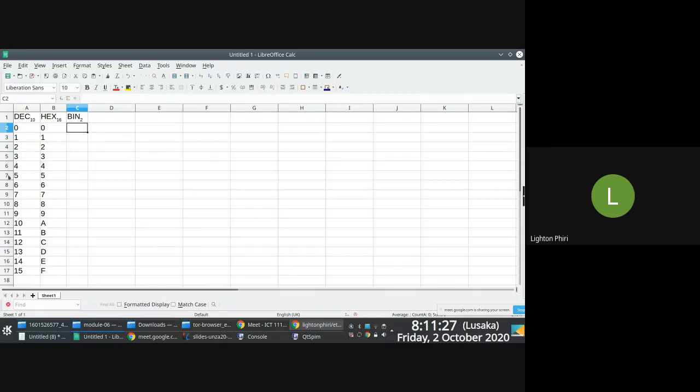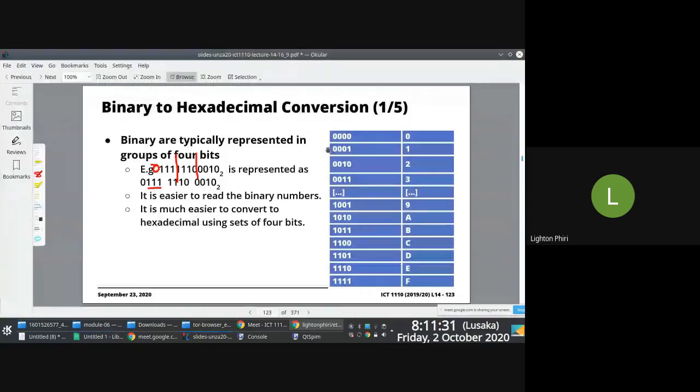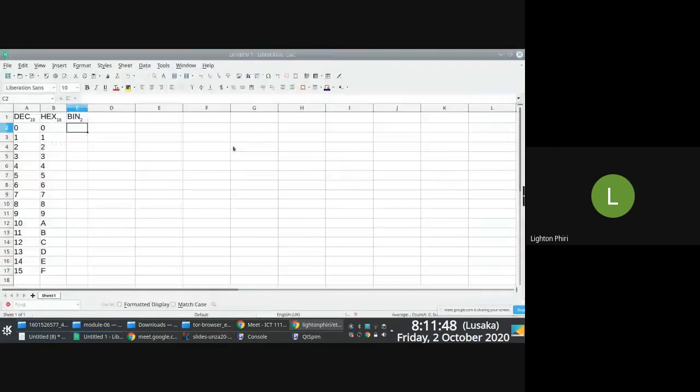So if we're using 4-bit representation, because we want a mapping of hexadecimal numbers to binary, for all the 16 symbols we just represent the binary number using 4 bits. Whatever number we're deriving has to have 4 bits.